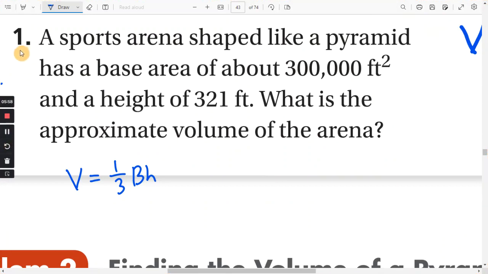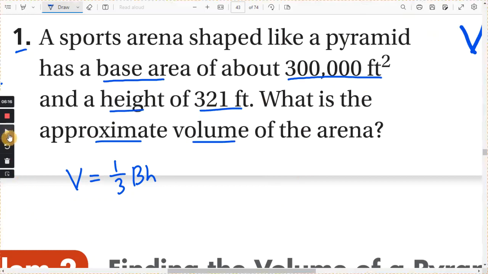Please try Got It problem number 1. The sports arena is shaped like a pyramid, has a base area of about 300,000 feet squared, and the height is 321 feet. What is the approximate volume of the arena? Please try it. So the volume for a pyramid is 1/3 base times height.